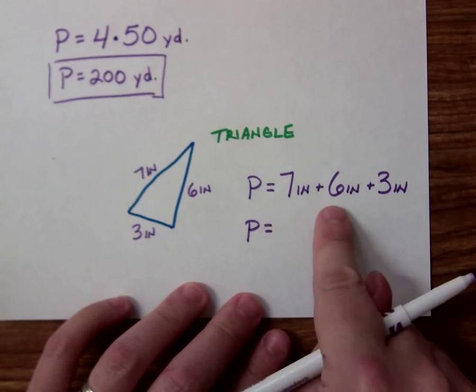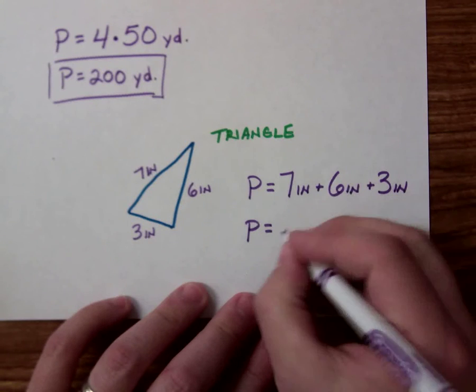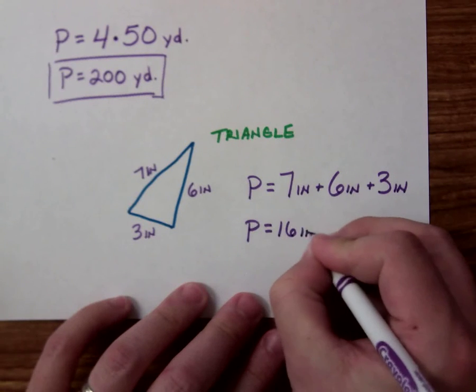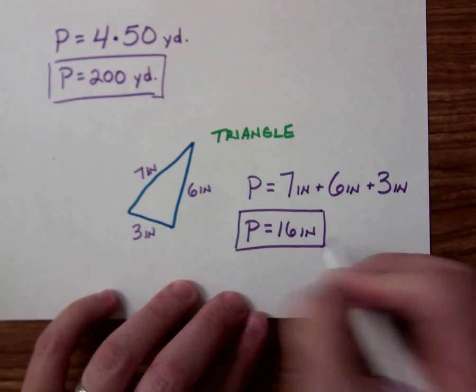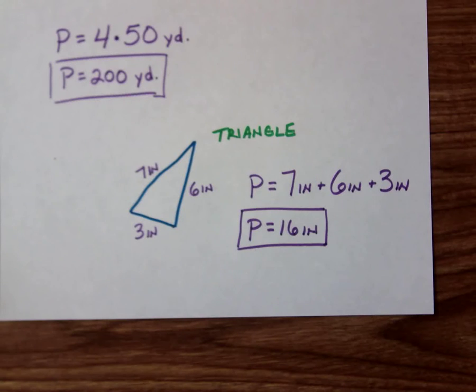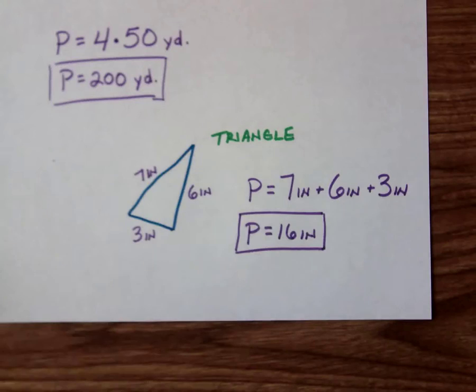So 7 plus 6 is 13, and 13 plus 3 is 16. 16 inches. Are we good so far? Yeah? All right.